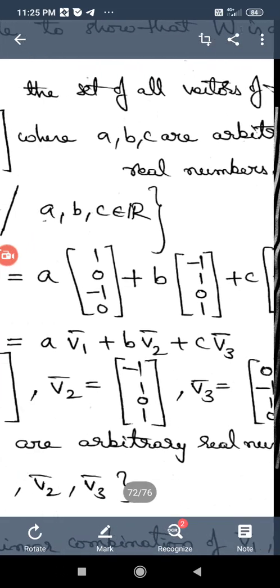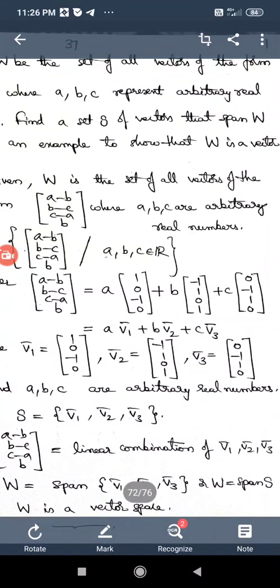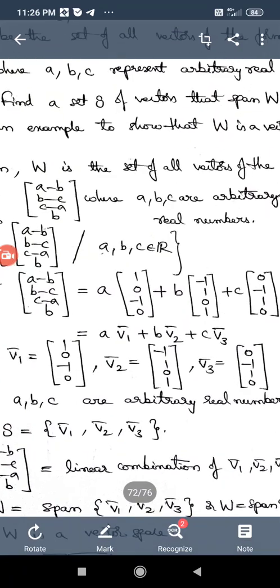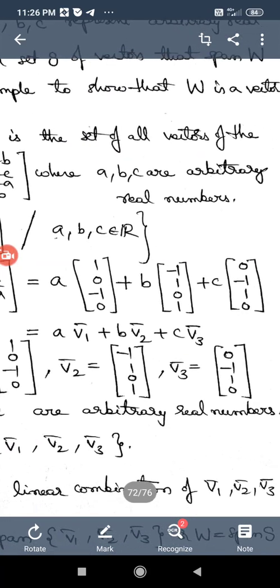Now taking B common, plus B times, in the first element the B coefficient is minus 1, in the second element it is 1, in the third element there is no B, so it should be 0, and in the fourth element it is B, so the number here should be 1.